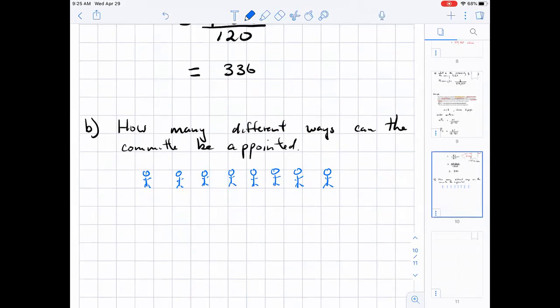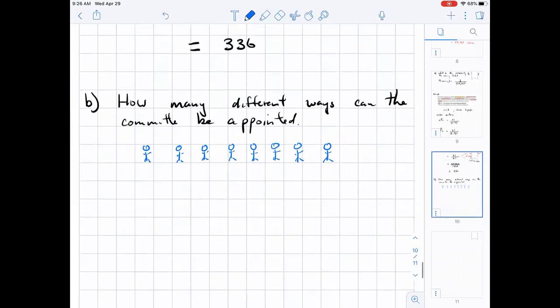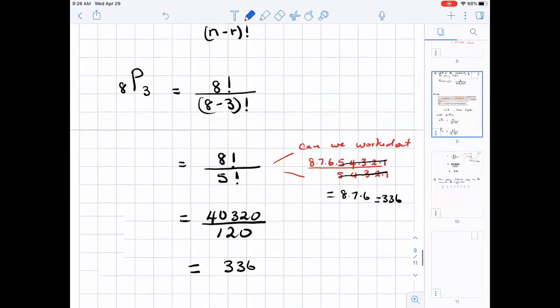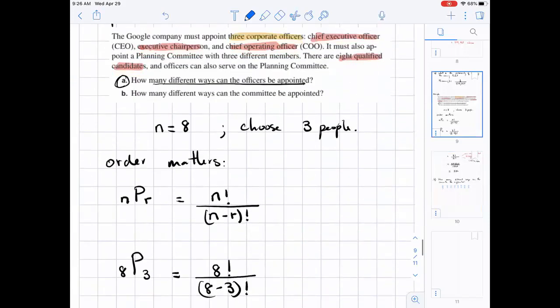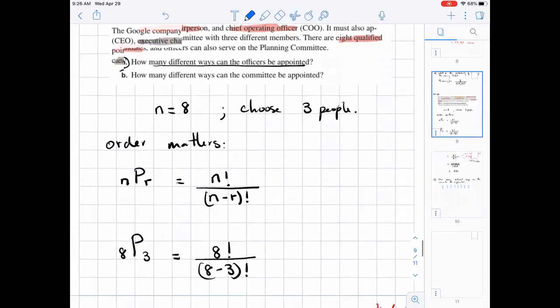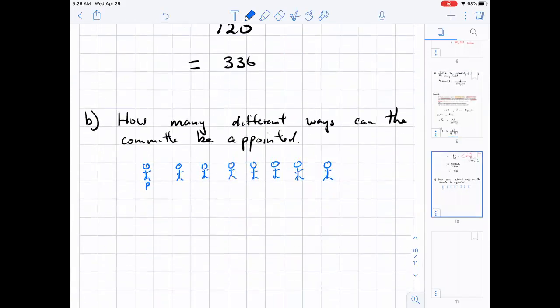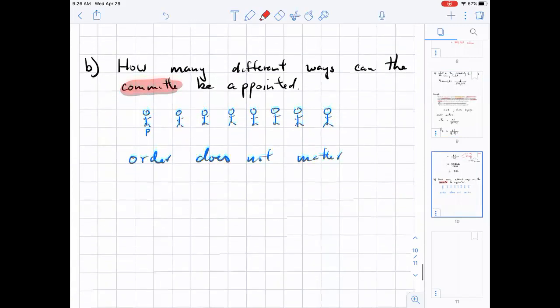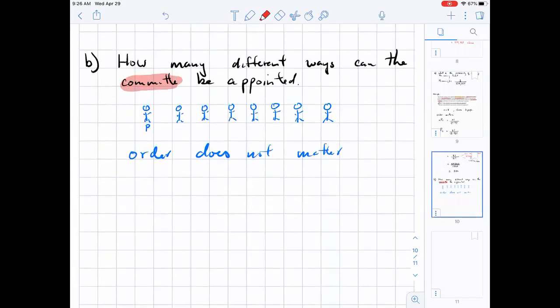It doesn't matter who you pick first. Whether one is the president, the CEO, or the COO, it doesn't matter. When you put these names in a bag and shake them up, the order does not matter. So when you're picking committee members, the order in which you pick them doesn't matter. You may vote later who's the head of the committee, but the order in which you choose the members doesn't matter.